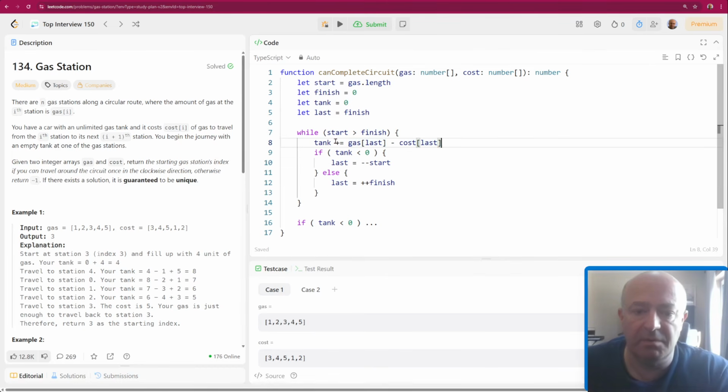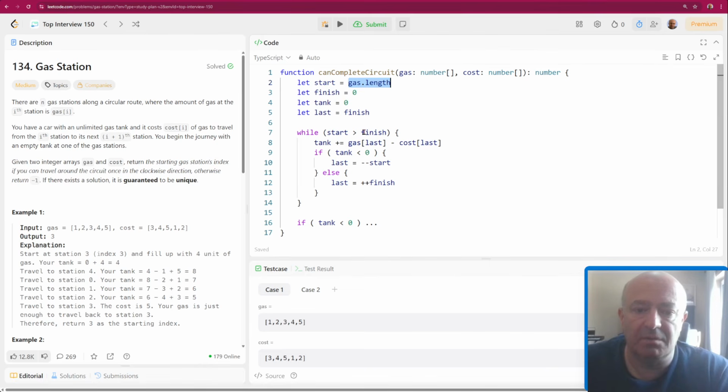And why is this enough? Because if you see, finish is 0 initially, start is the big number, right? So last will only become start, which is the big number, only after minus minus. So this means last will never be gas length. The maximum it can be is 1 less than this, which is inside the array.